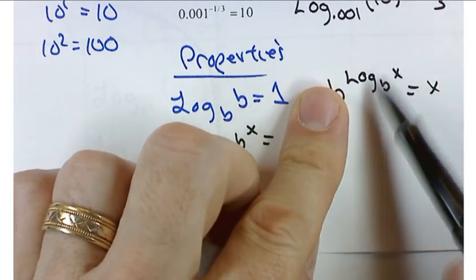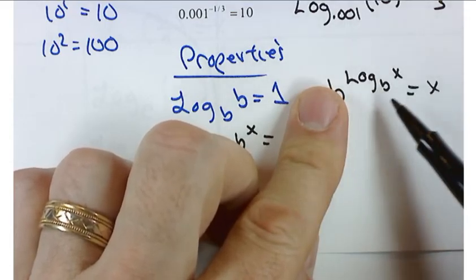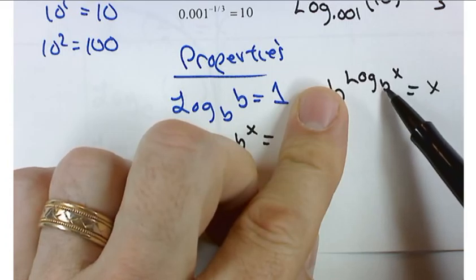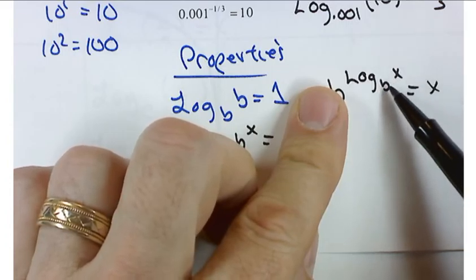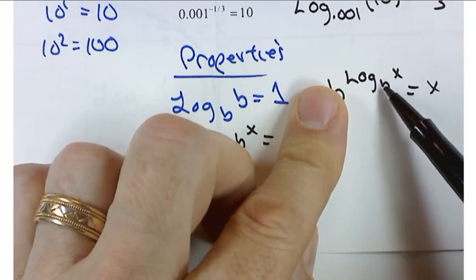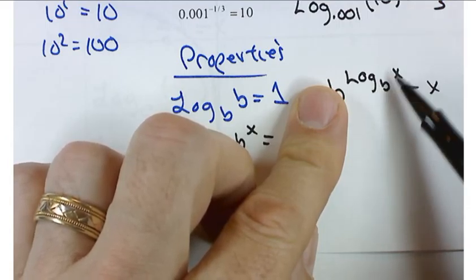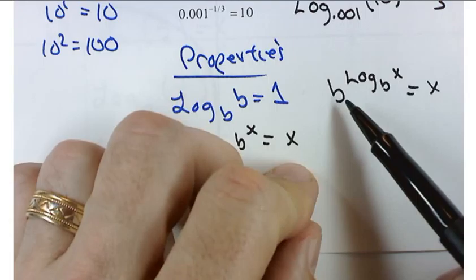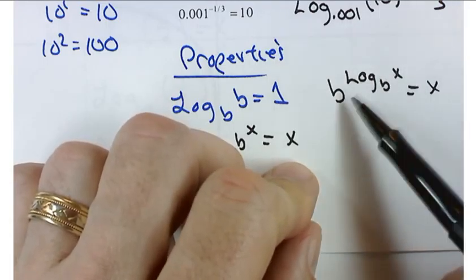This term right here in the exponent, log base b of x, that's the number that you raise b to get x. So if this were like a 10 and a 100, log base 10 of 100 would be 2. And then you raise that 10 to the 2 power. So they're going to cancel each other out.